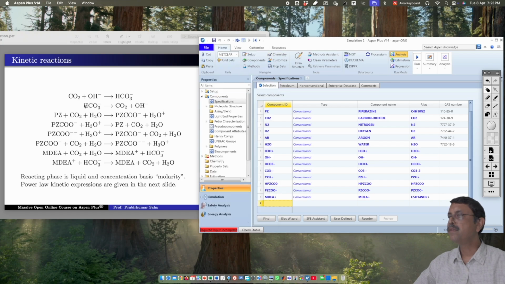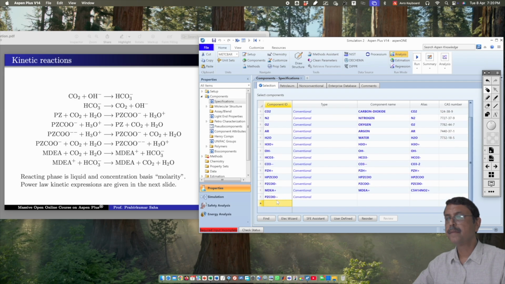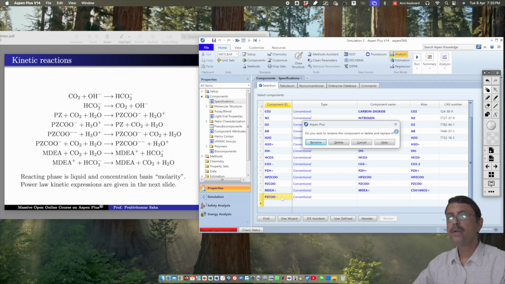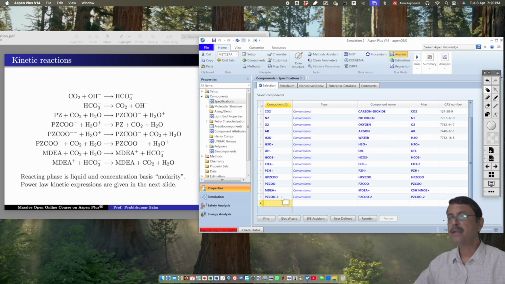And we will go to the kinetic reactions. There we have a few. These are already taken. We have not taken PZCOO double minus, right? So we will take PZCOO double minus. Okay, this is not taking, so we will use -2. Yeah, now it is taking. Now we can rename it.